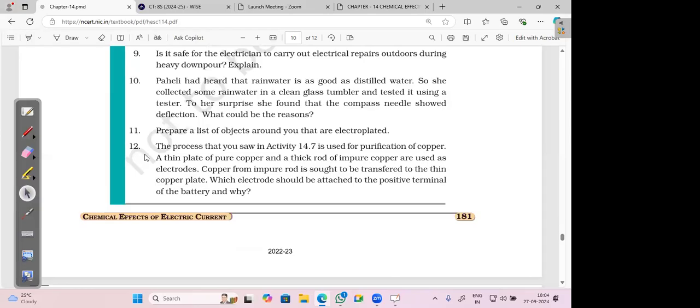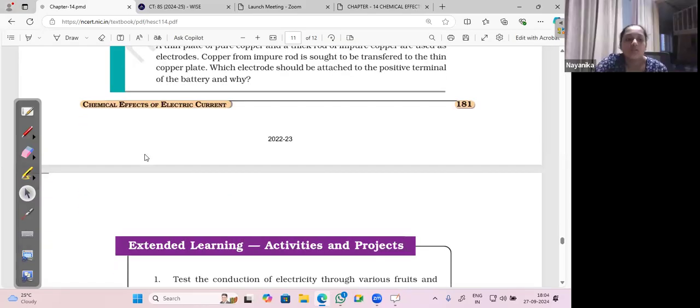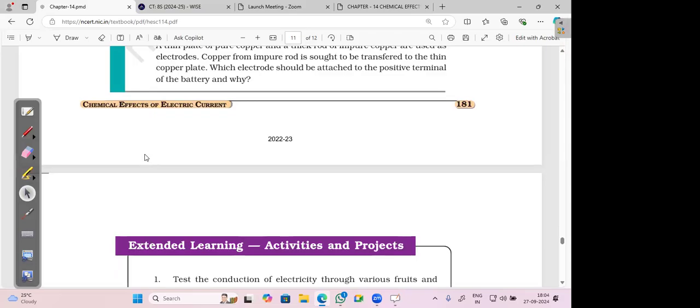Okay, so now some of the activity-based questions. You have to prepare a list of objects around you that are electroplated. So just name some of the objects which are electroplated. Sir, silver spoons, like daily use silver spoons, not pure silver. Okay, copper, zinc.